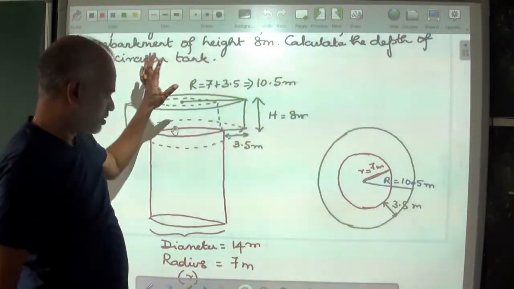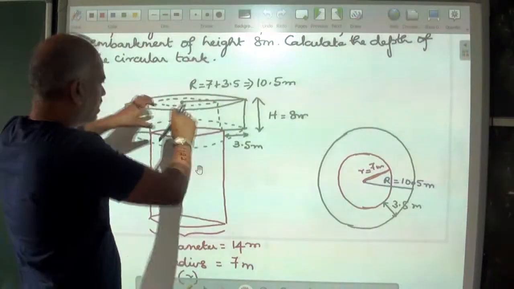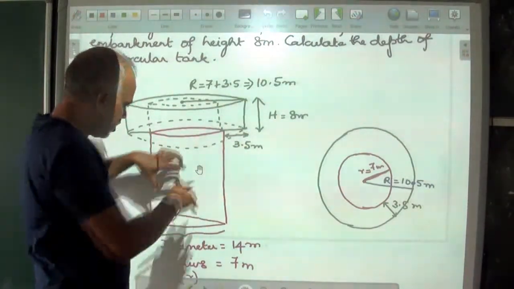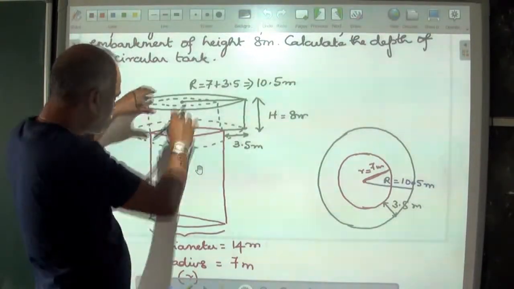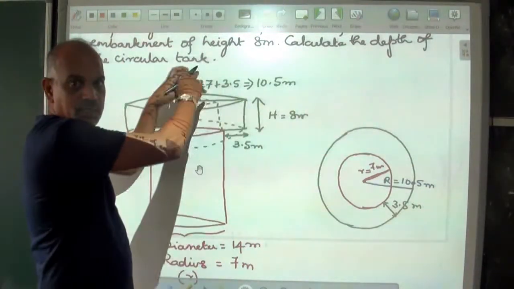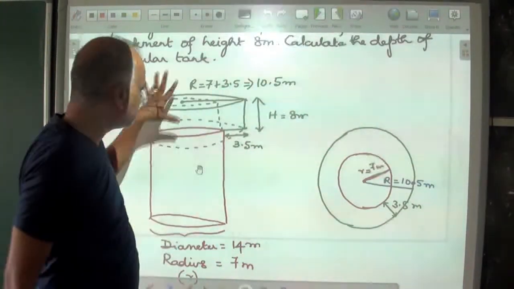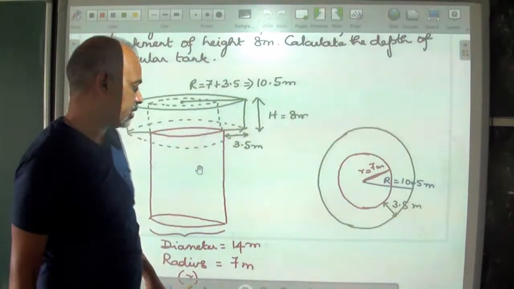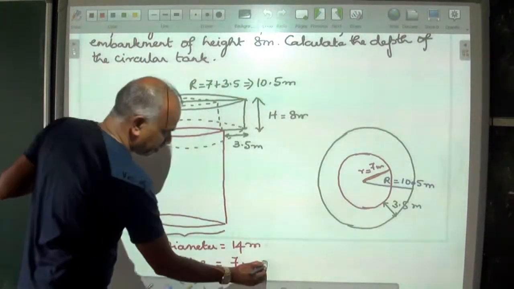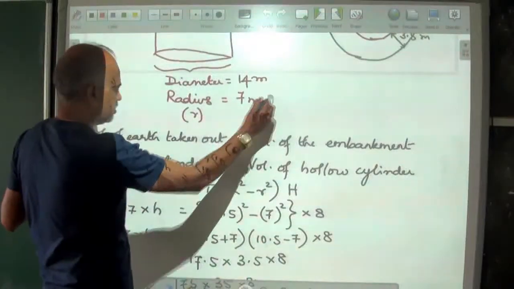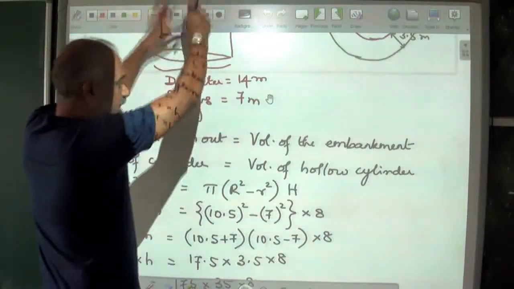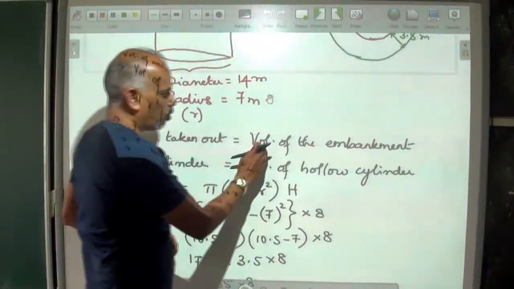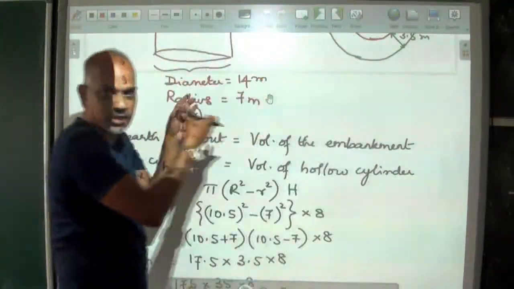So this same mud is made into this, which means volume of the mud that is taken out from this red color tank is equal to volume of mud that is made as the embankment, which is green in color. So the relationship here is volume of earth taken out, whatever earth you have taken out from the red tank, is volume of the embankment, the green color that is formed.